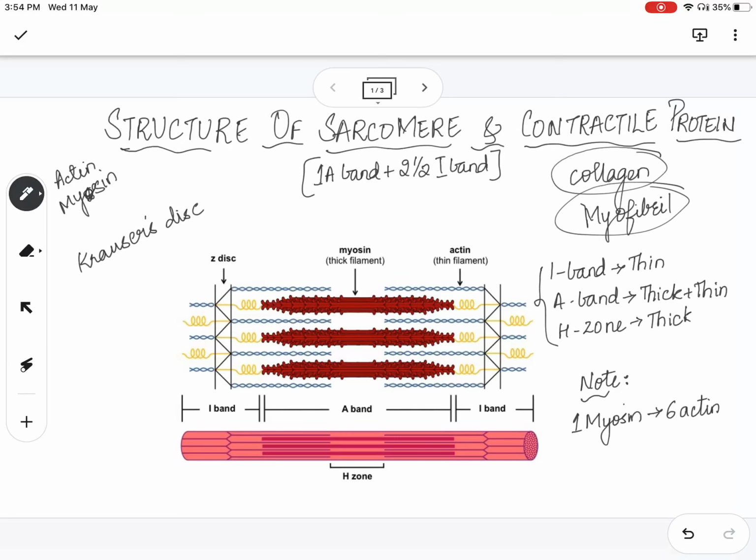Similarly, one actin filament is going to be surrounded by how many myosin? 3 myosin. Questions on this have definitely come. Please do remember.